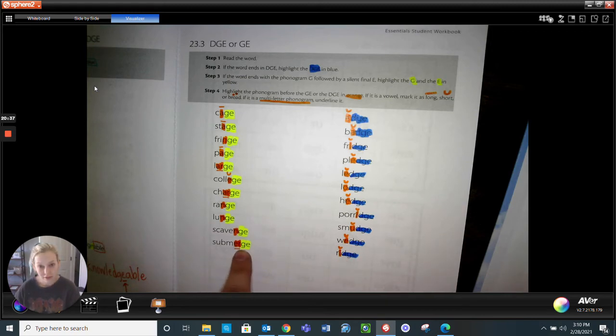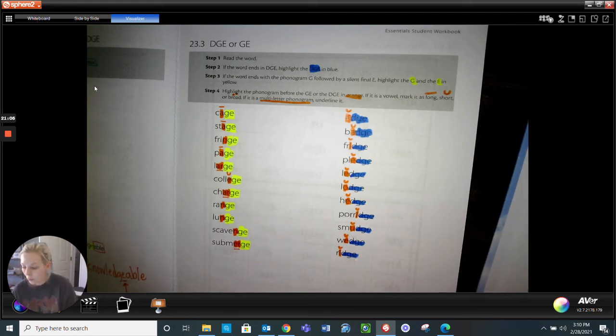And G with a silent final E at the end. So words can end in the sound J, they just cannot end in the letter J, right? Good. So what are two options for spelling J when you hear it at the end of a word? G with silent final E and three-letter J, the DGE that we just learned.